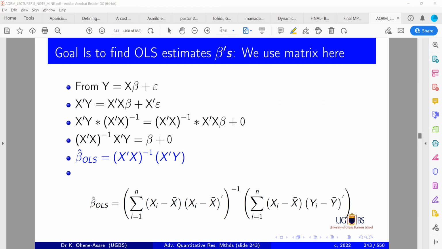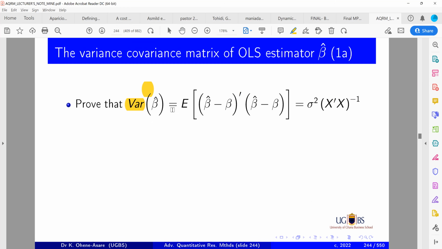Now, how do you find the variance? The variance is equal to sigma square (X prime X) negative 1. But how do you arrive at this, sigma square (X prime X) negative 1?